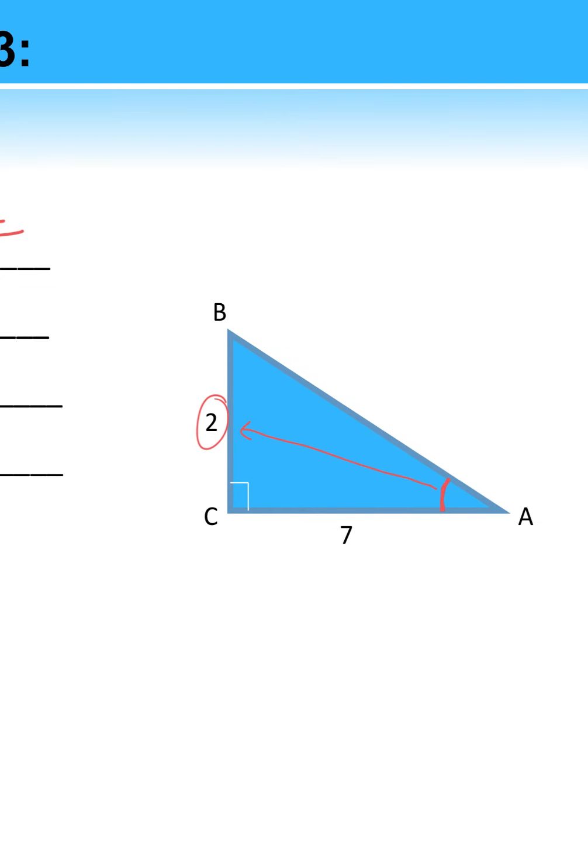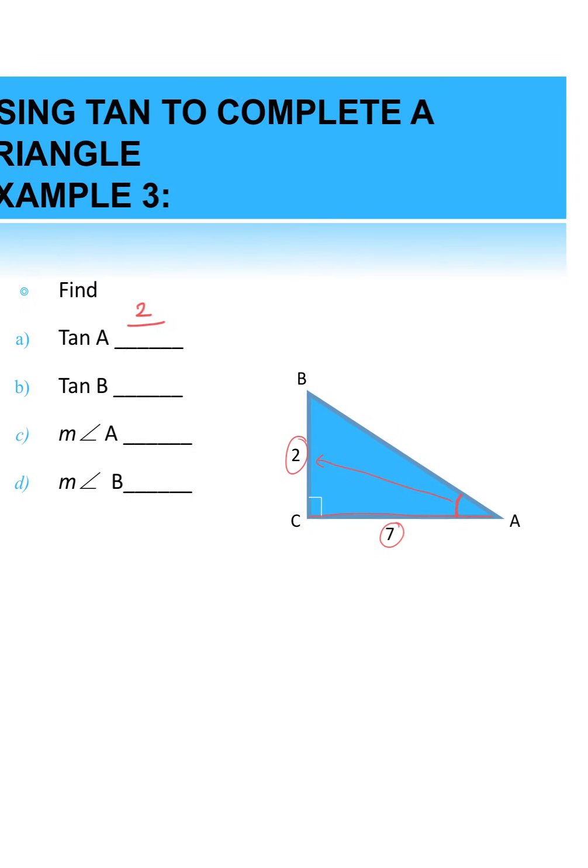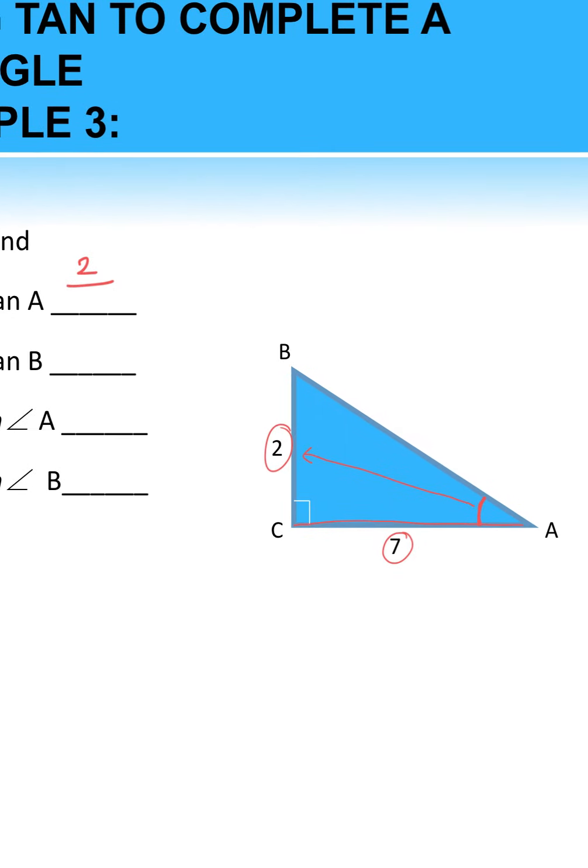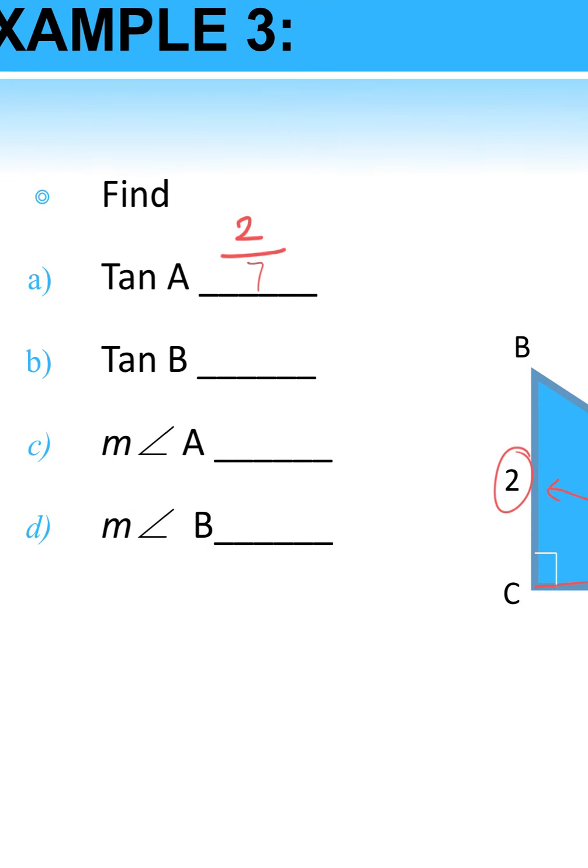The adjacent leg to angle A is 7. That's the side that is part of your angle, but not the hypotenuse. Notice how we didn't pick BA. The reason we didn't pick BA is because that is our hypotenuse. So this is 2 over 7.